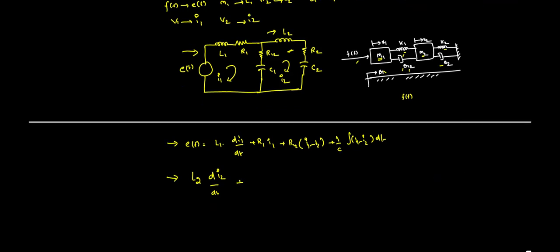plus R2 I2 plus 1 by C2 integral I2 dt plus R12 (I2 minus I1) plus 1 by C1 integral (I2 minus I1) dt is equal to 0.